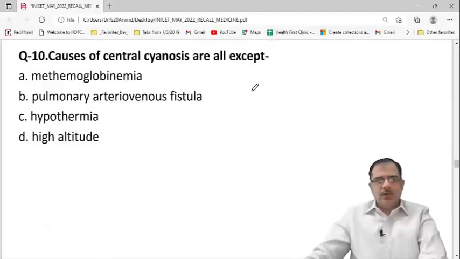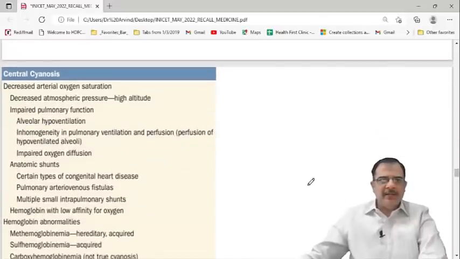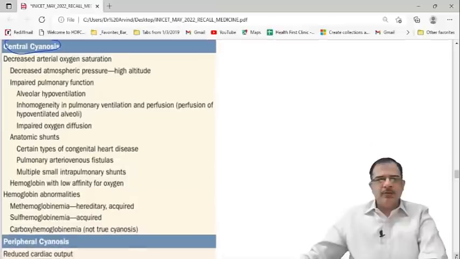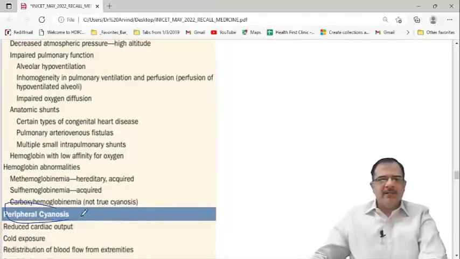Question number 10. Causes of central cyanosis are all except methemoglobinemia, pulmonary AV fistulas, hypothermia, or high altitude. This is a topic of a table from Harrison. Stat questions come from the table. So central cyanosis and peripheral cyanosis.